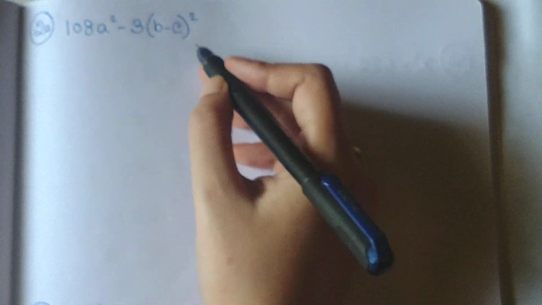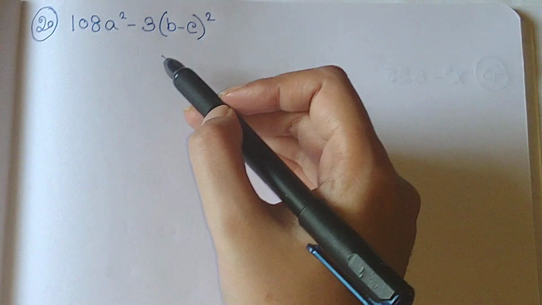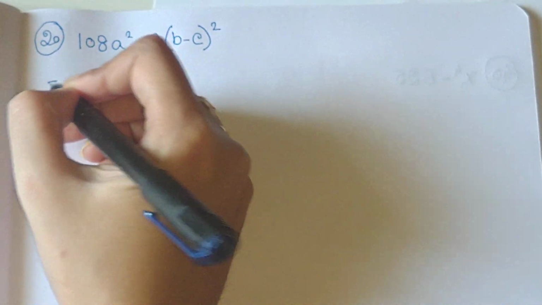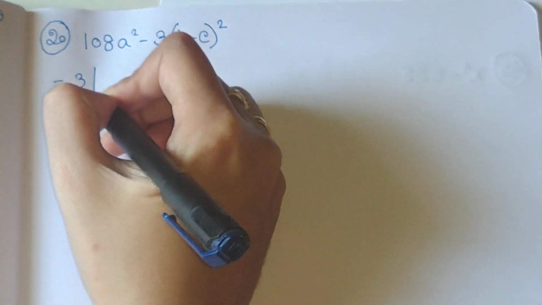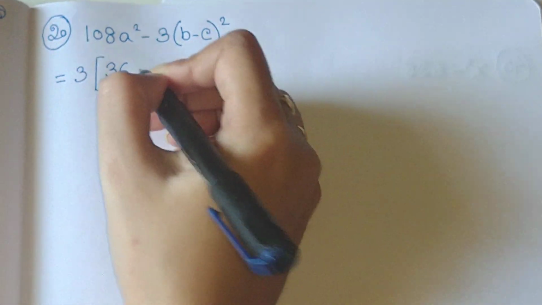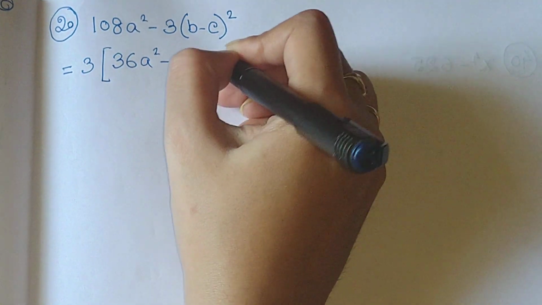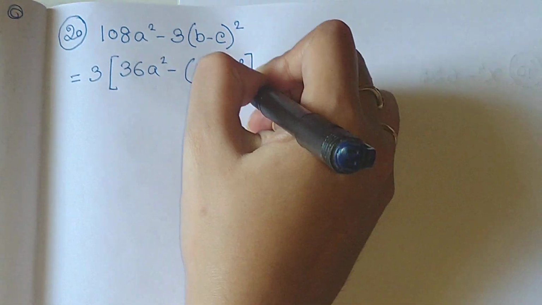Now we are going to solve sum number 20. 108 a square minus 3 times b minus c whole square. So I will be taking 3 common. So from here I will be having 36 a square minus of b minus c whole square.